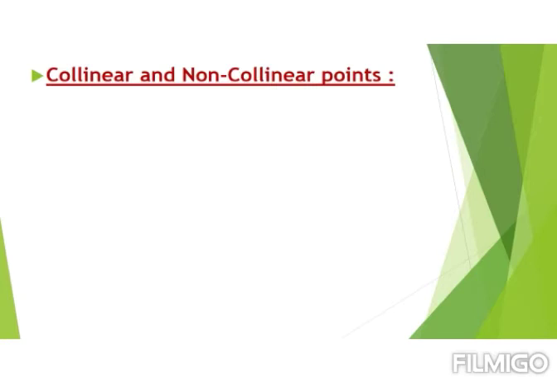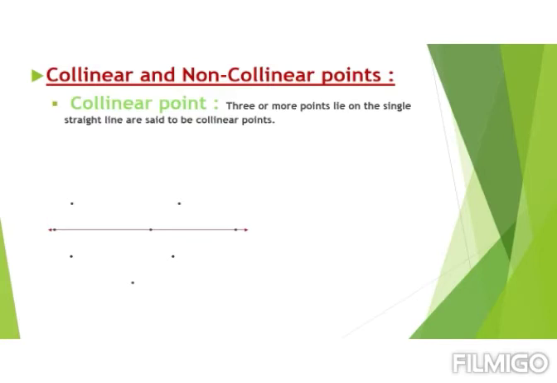Collinear and non-collinear points. So can you all see the points on the screen? Yes. So these points are placed anywhere on the screen or paper. We can see these 3 points lie on the same line, right? Yes. So these points are known as collinear points. So what is the definition of the collinear point? Three or more points that lie on a single straight line are said to be collinear points.